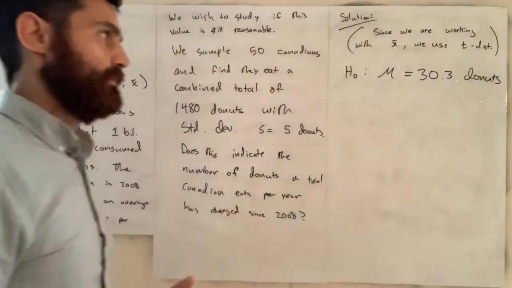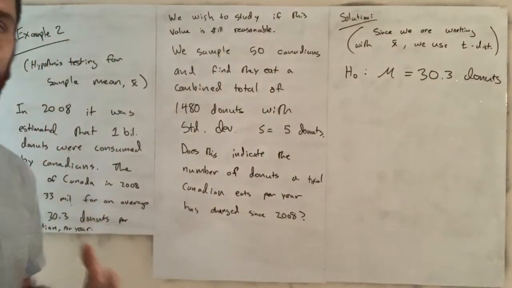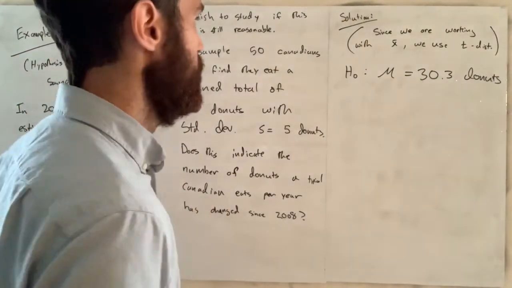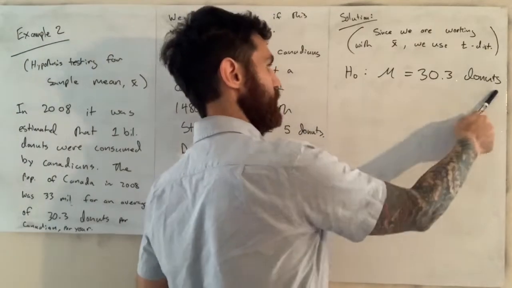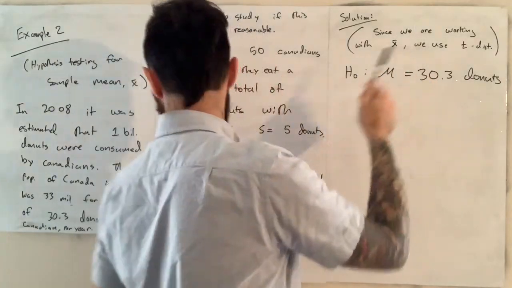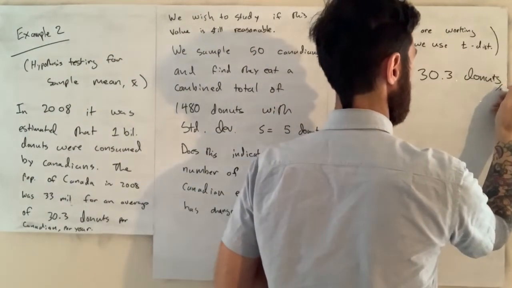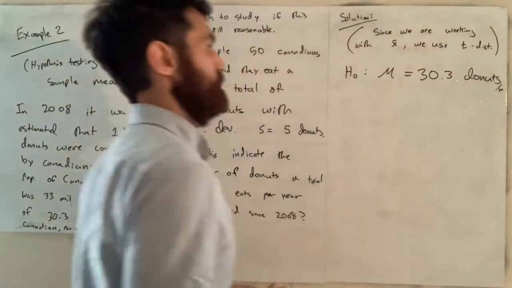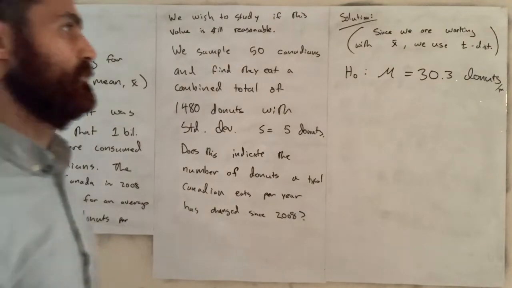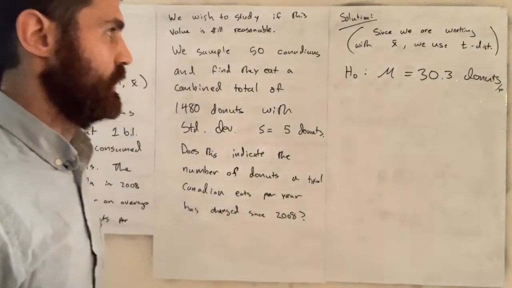And this is the null hypothesis. This is what we're taking historical data into, and we're saying, all right, the typical Canadian eats 30.3 donuts per year.